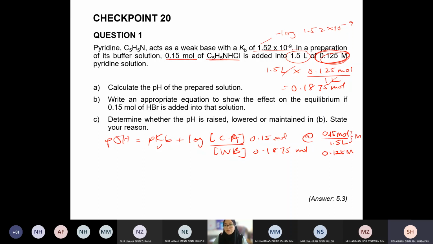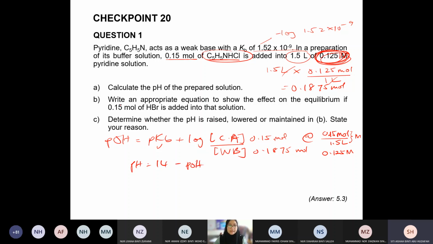Ni kalau you decide to go for concentration. This one you boleh pakai 0.125 molar, sebab the volume for this conjugate acid is not given to us. So kita assume that the volume is still 1.5 liter, and for 1.5 liter, this is the concentration. Okay, alright. So dapatkan pOH. Don't forget that pH is equal to 14 minus pOH. Okay, that is for A.